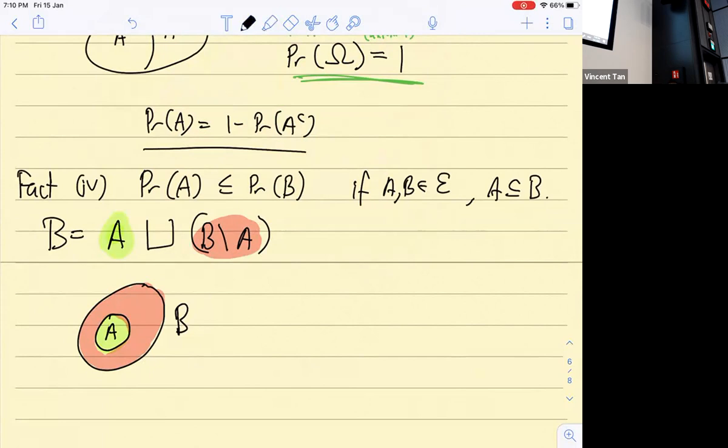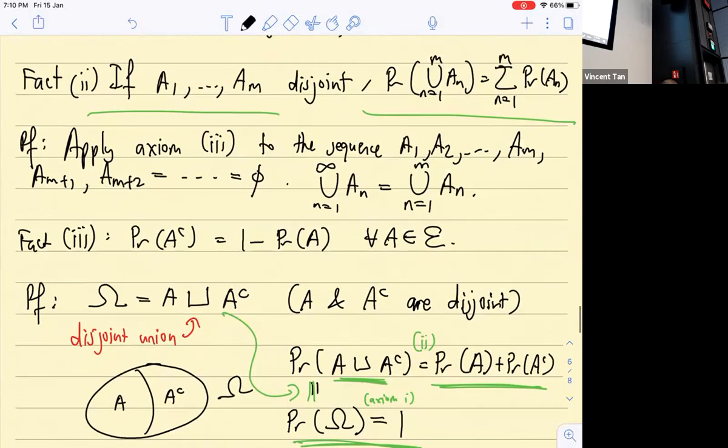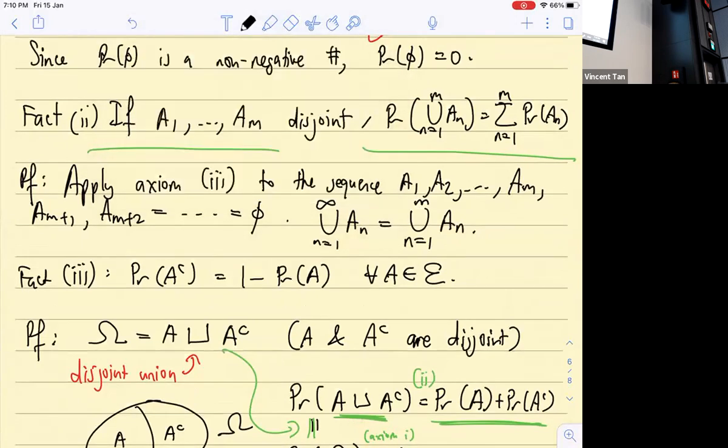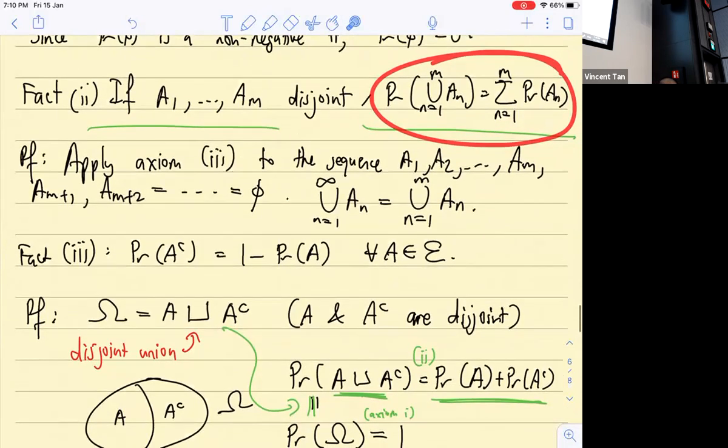So we make use of a previous fact. Probability of B is equal to the probability of A plus probability of B take away A. This comes from the fact for finite unions of disjoint sets, and these two are disjoint.